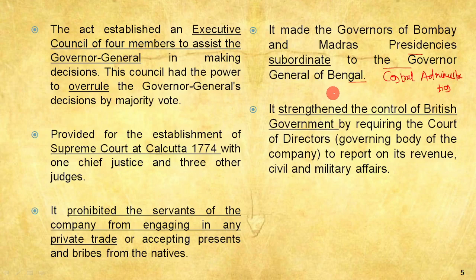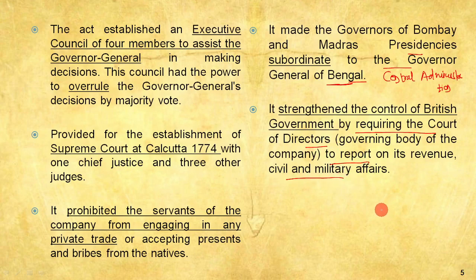So the Governor General of Bengal was given higher authority over the governors of Madras and Bombay, because the British government wanted a central administration where there is one superior body, and that superior body is the Governor General of Bengal.